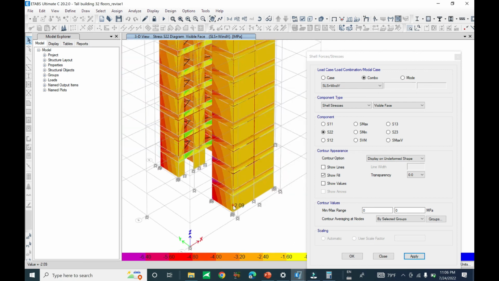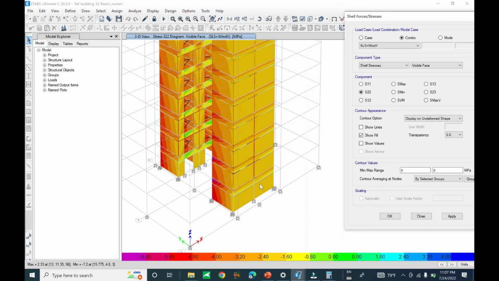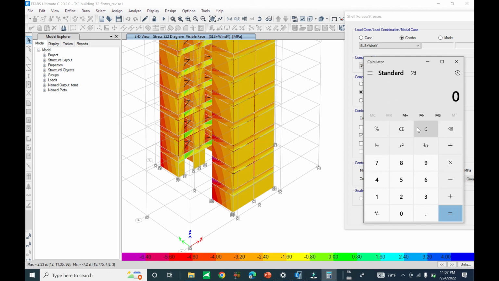Now let's check the compressive stress. The Y compressive stress maximum is around 5.60. Let's quickly calculate it. The concrete strength we use is 45, multiplied by the national factor.